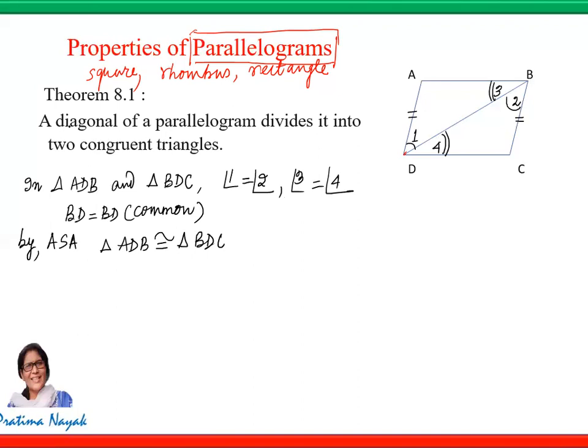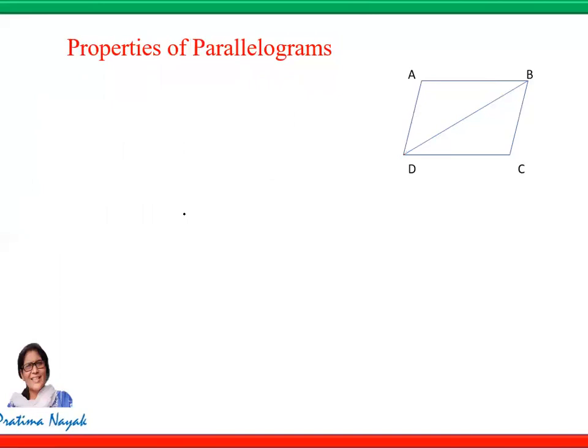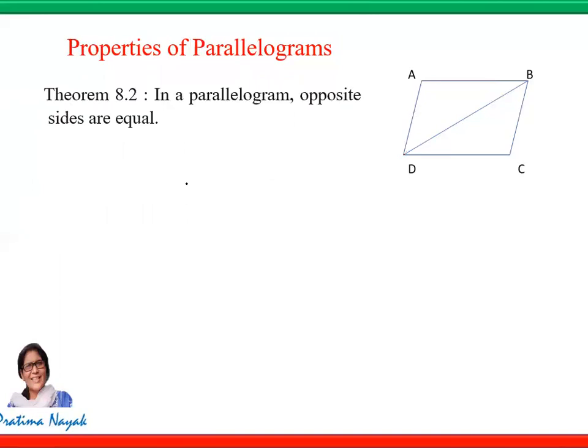So a diagonal of a parallelogram divides it into two congruent triangles, hence it is proved. Theorem 8.2. In a parallelogram, opposite sides are equal. So we have already proved they are congruent. Which triangles are congruent?